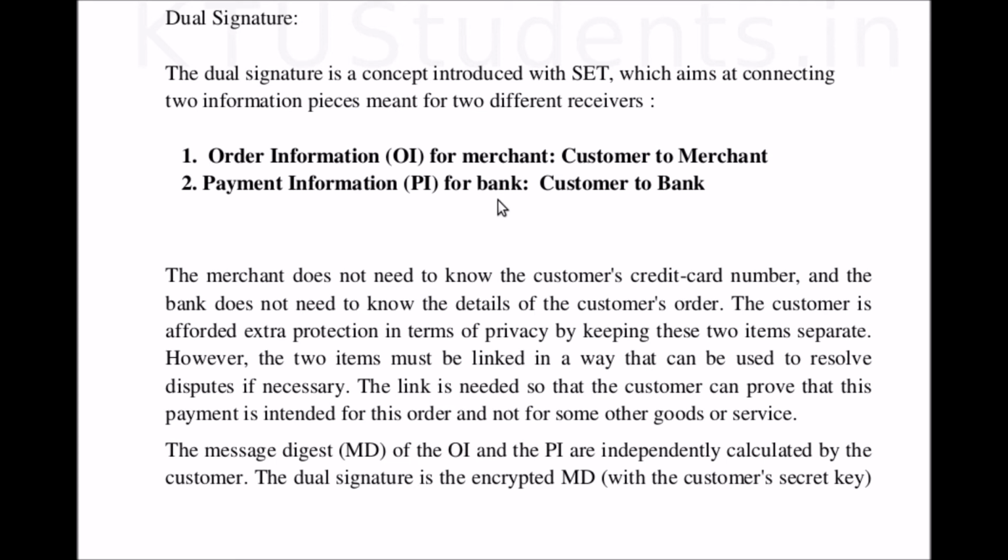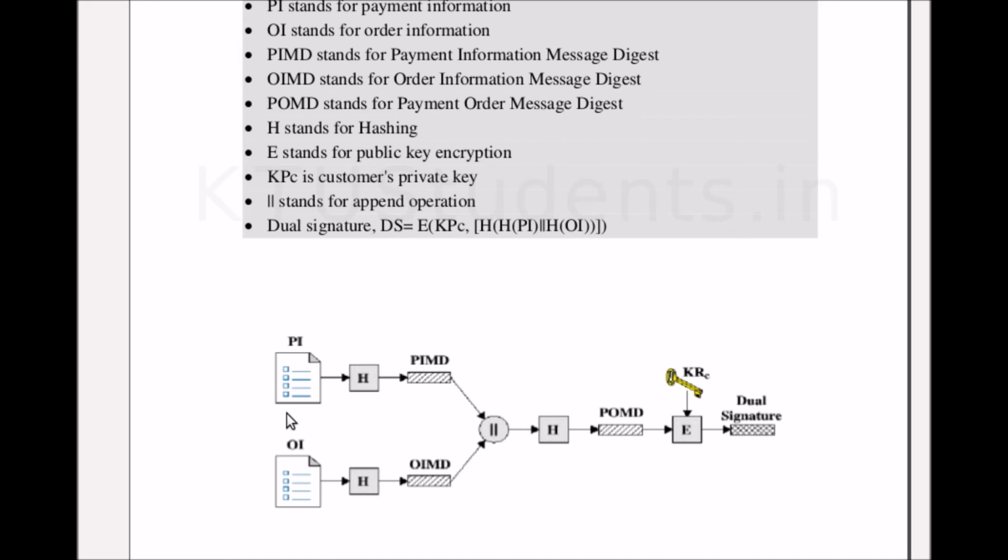How is this possible? It's a dual signature operation. Here is the payment information. This is the order information. H is the hashing. Now PI, when it undergoes hashing, becomes PIMD, which stands for Payment Information Message Digest. Here is the Order Information Message Digest. These are two pieces of messages. They are concatenated together.